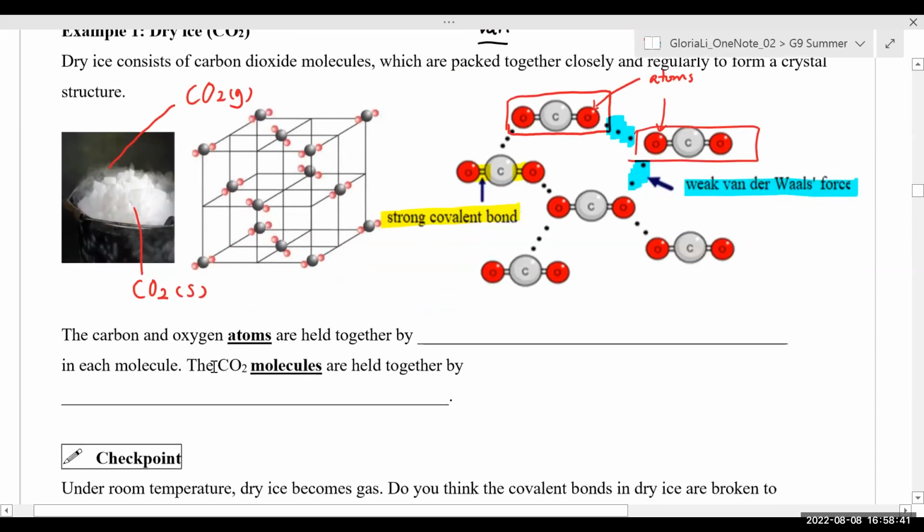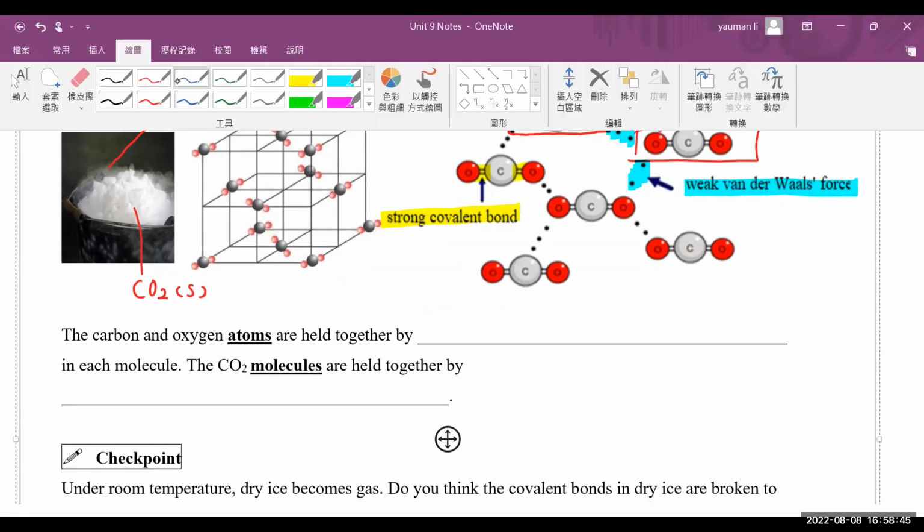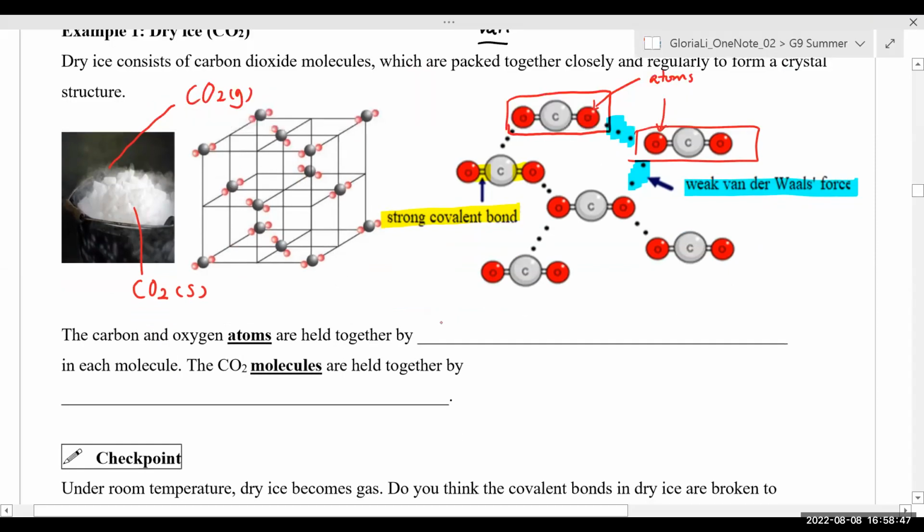So we can just make the conclusion here. Mark it down. Carbon and oxygen atoms are held together by strong covalent bond. But molecules are held together by weak van der Waals force.